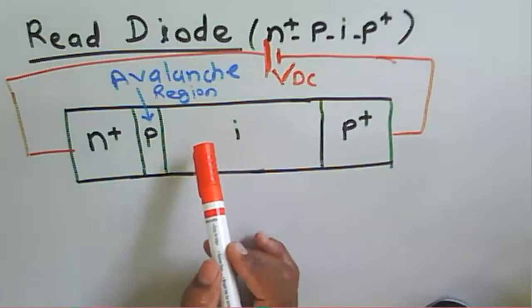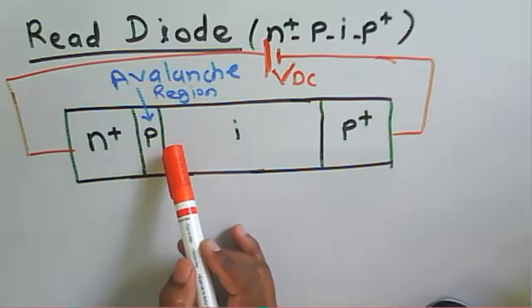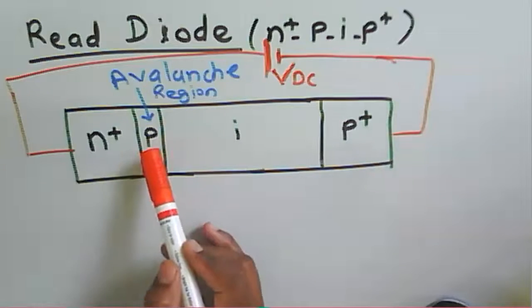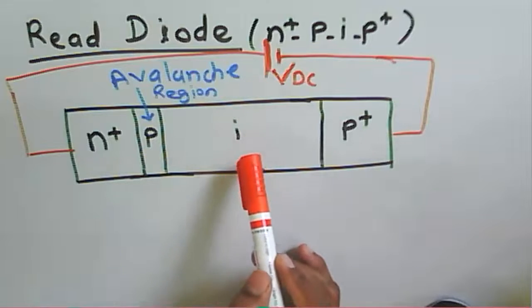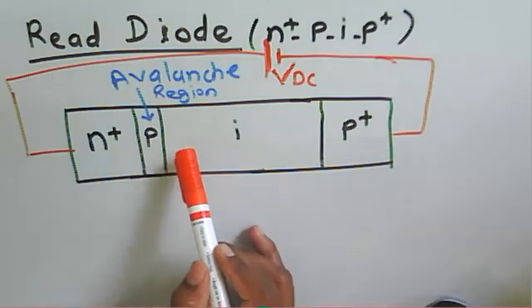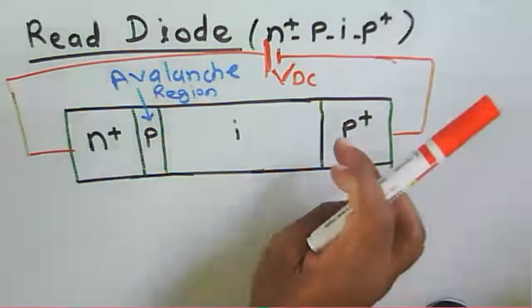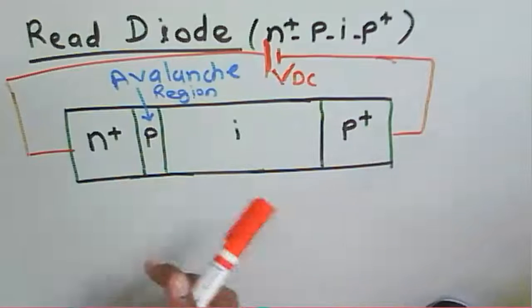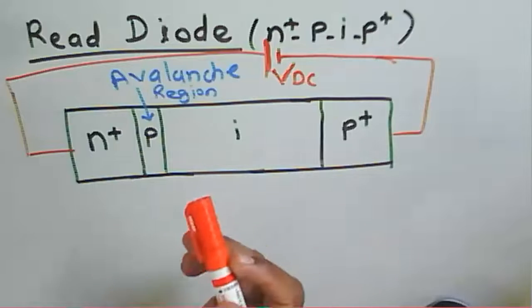Whichever holes are generated here move through this I region, and this region is called the drift region. So the carriers drift through this region and move toward the P plus region. Now a bias is applied.